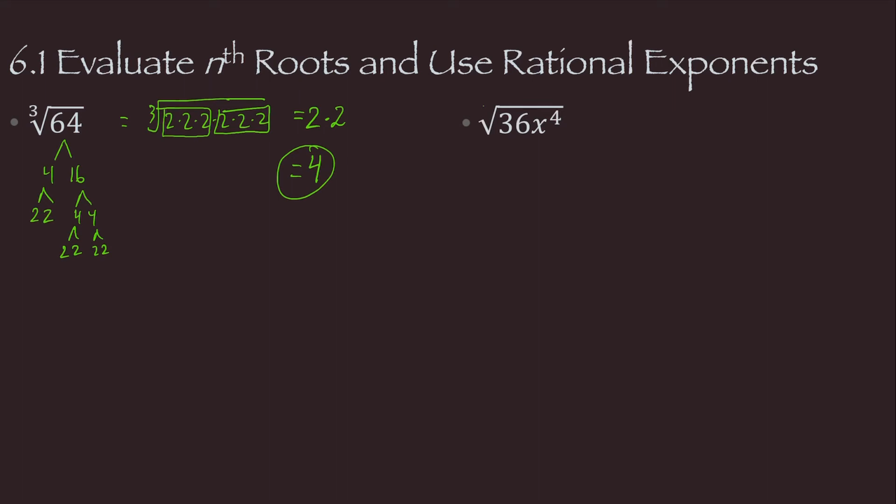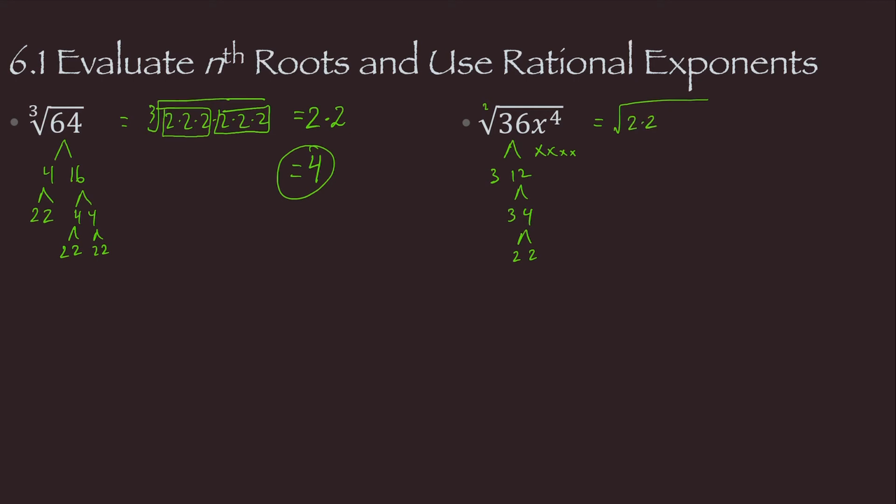Let's try another one. All right, there's no index, so that means it's a square root. 36 is 3 times 12. 12 is 3 times 4. 4 is 2 times 2. And x to the 4th is 4 x's multiplied together.